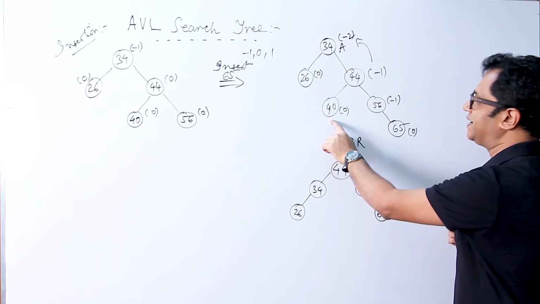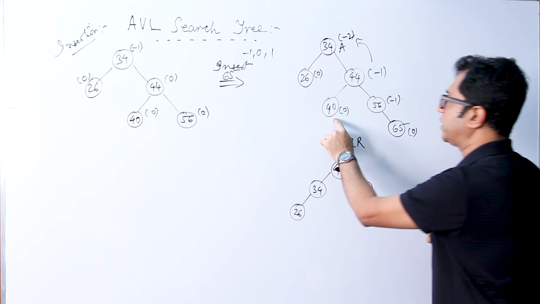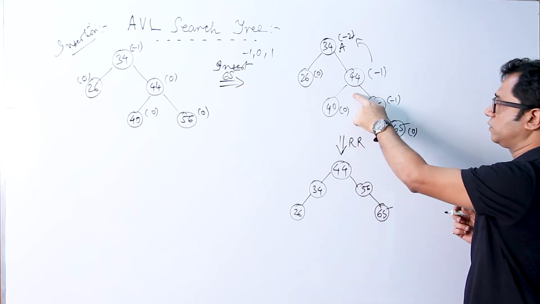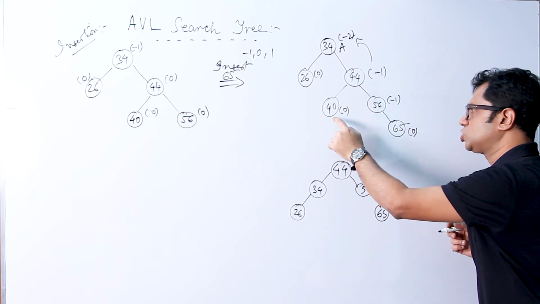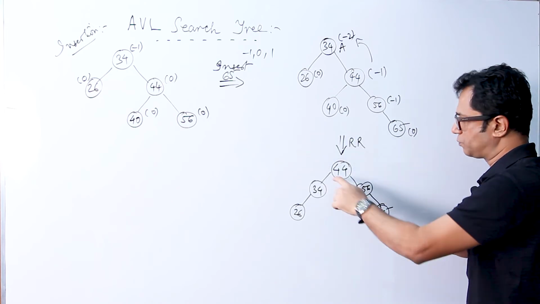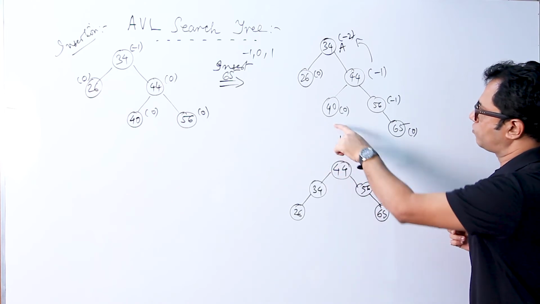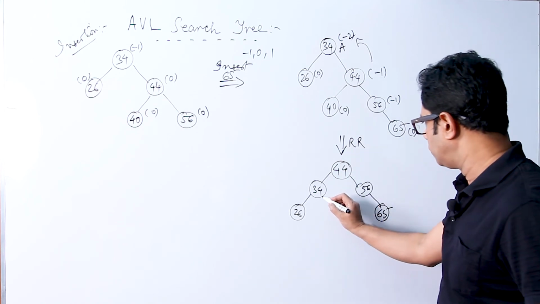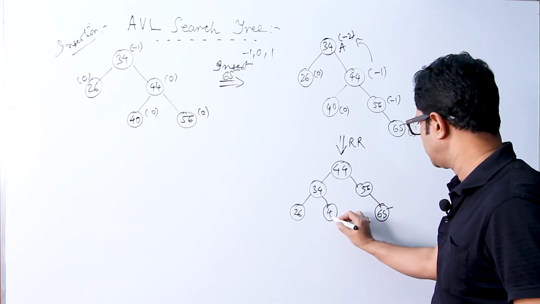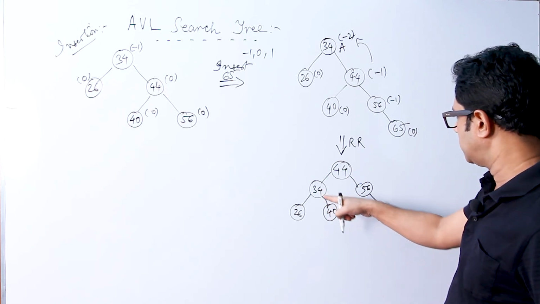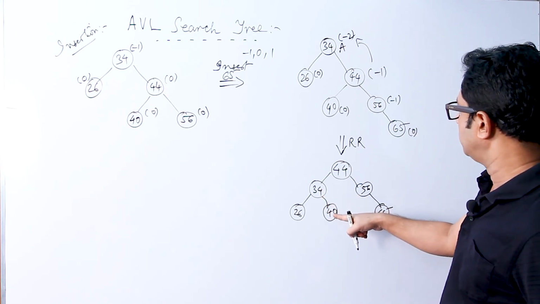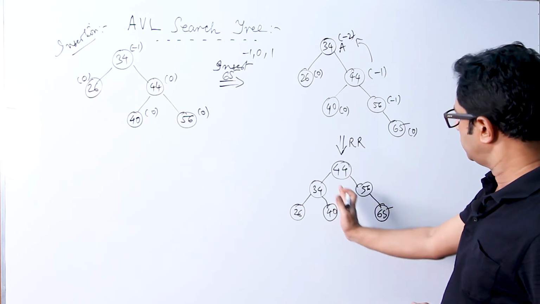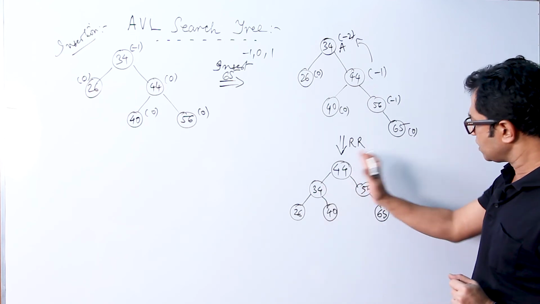Since 40 was the left child of 44 in this situation, 40 should be somewhere on the left subtree of 44. So to accommodate 40, we have to place this 40 over here. So 34 has a right child in 40 now. So 40 now comes on the left subtree of 44.